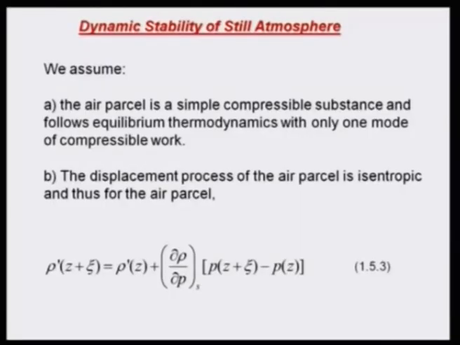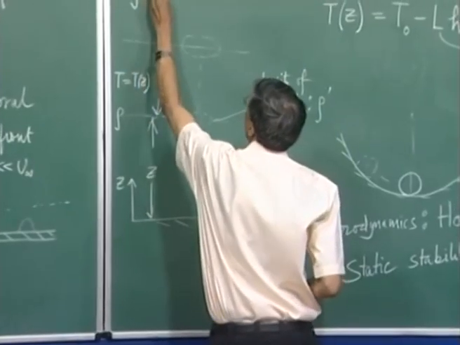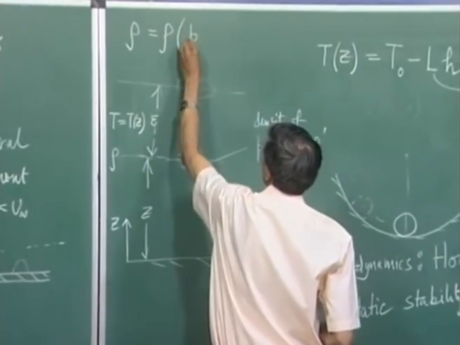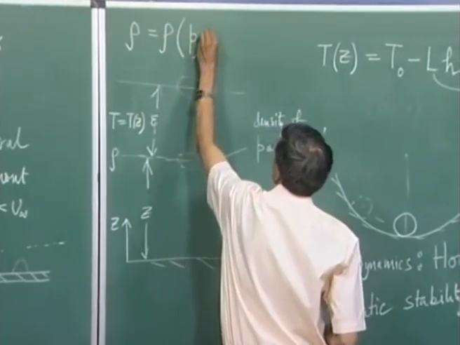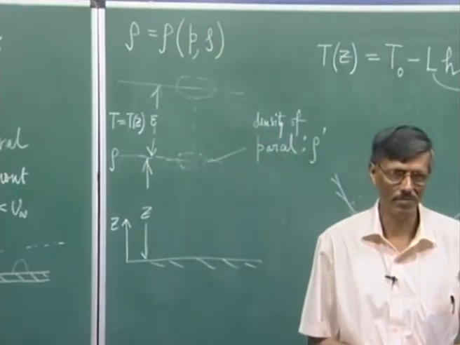In the previous slide what we did, we said that we will write this density here as a function of 2 variables, and we are talking about these 2 variables as pressure and entropy.